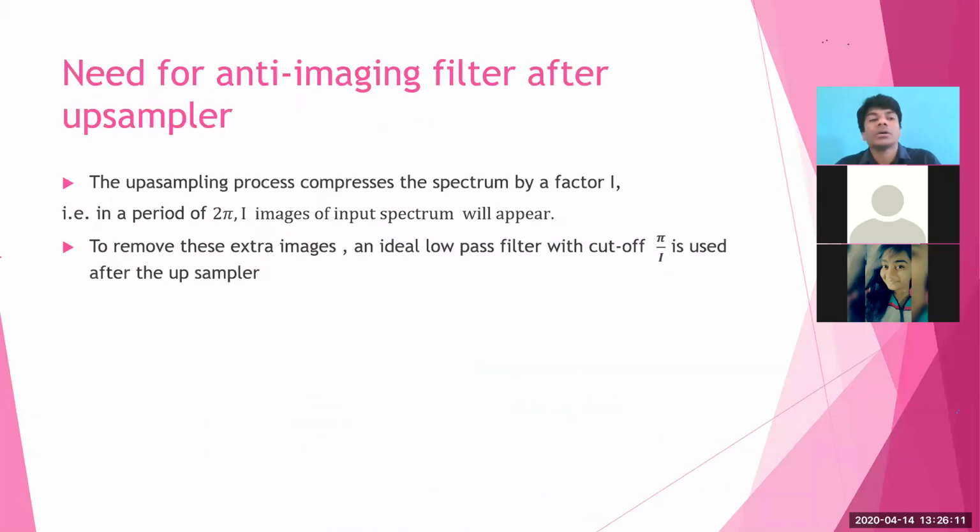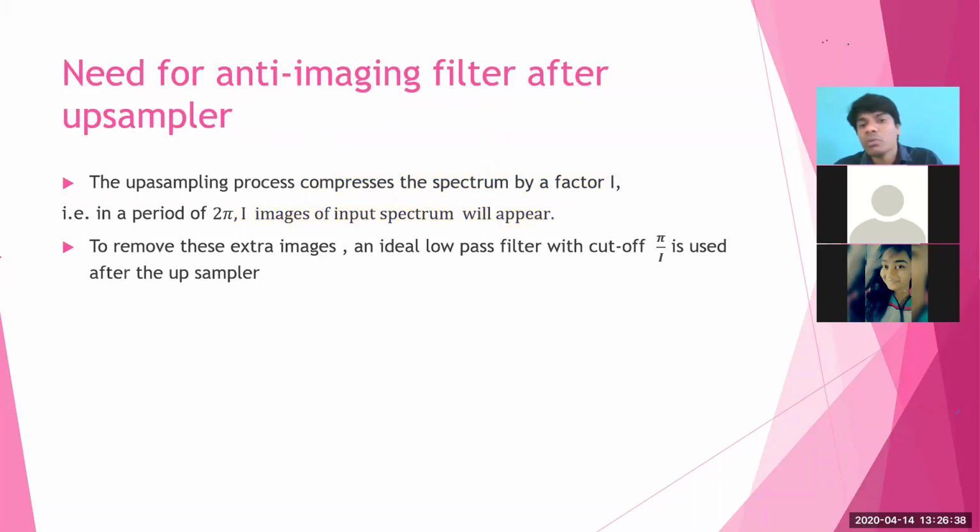Okay, as I said earlier, there is the need for an anti-imaging filter. It is the counterpart of the anti-aliasing filter in the decimation process. Here we call it an anti-imaging filter because it will help us remove those extra images which are generated in the upsampling process.